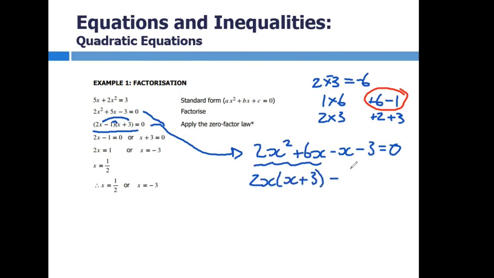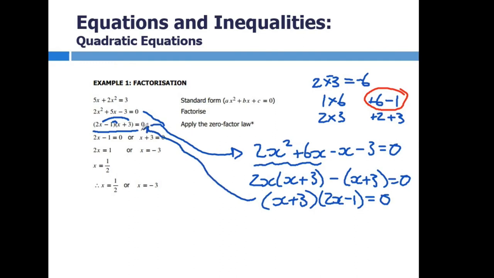Taking out a common factor from our next terms, and then taking out your common bracket. And you notice you get exactly the same brackets as we got over there, but it does take longer. So if you can play around and try and get straight to the brackets, I do highly recommend it. And then you split up each factor equal to 0 and you solve.